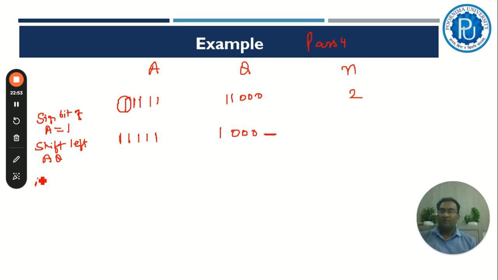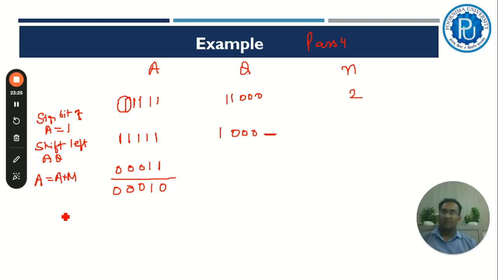Now we will perform A equals A plus M, as the sign bit of A was 1. So we are going to add 0 0 0 1 1. This gives us 1 0 0 0 1 0, and the carry will be discarded there.